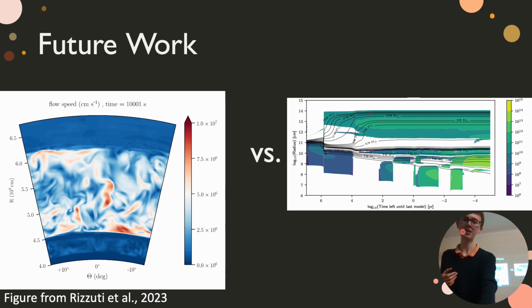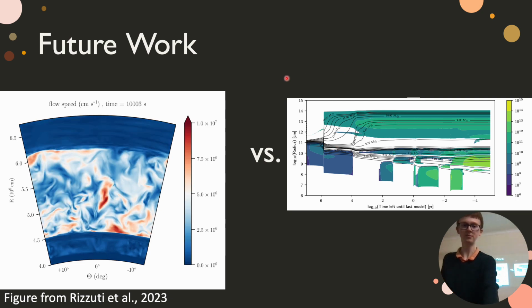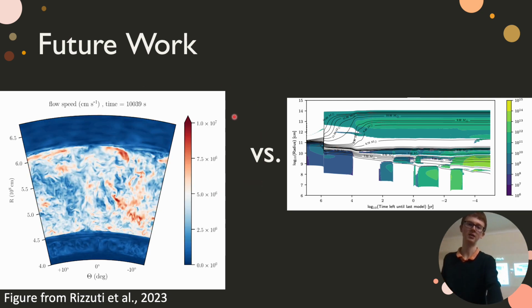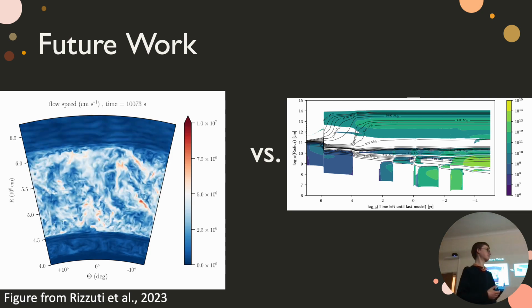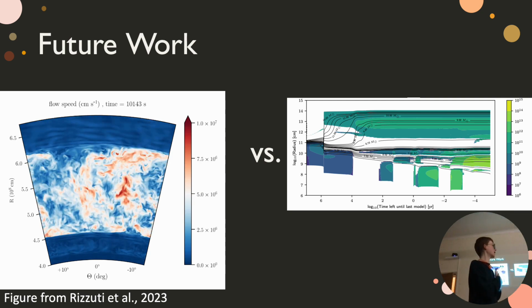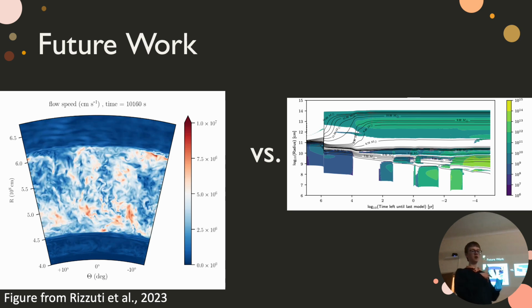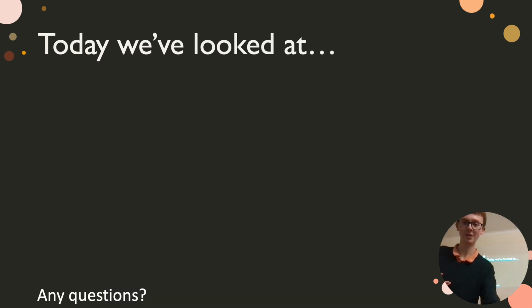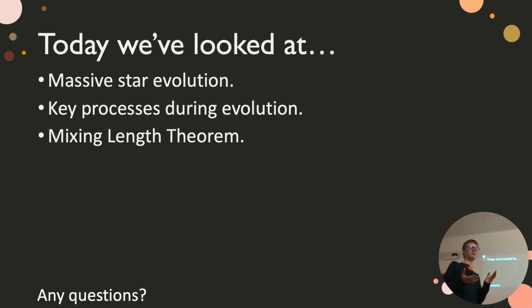This is an example of a TDC, so with the fluid equations model, and this is that 3D model. It'd be interesting to compare the outcome of the 3D to the 1D even, and see how similar they are or how different. Does the approximation to 1 dimension actually represent at all what's happening in 3 dimensions? That's something that's not been looked into yet. Has anyone got any questions?